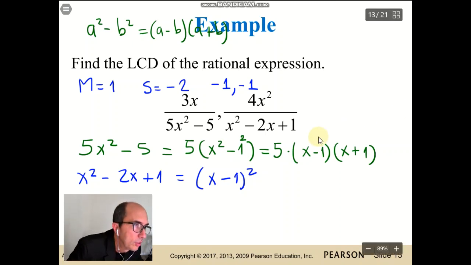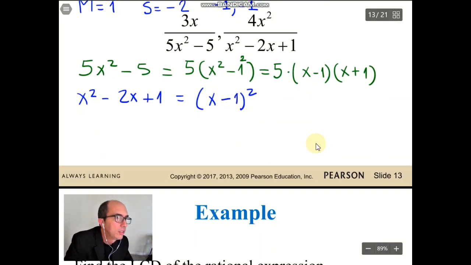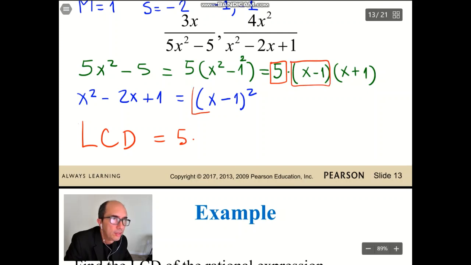Finding now the least common denominator. Unique factors. 5 is a unique factor. So write down here 5. x minus 1. Is x minus 1 a unique factor? Yes, we have it here, and we have it down on this denominator as well.